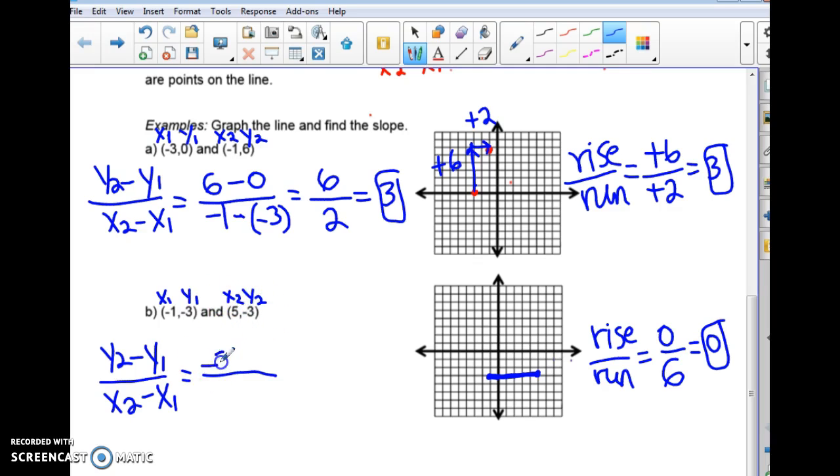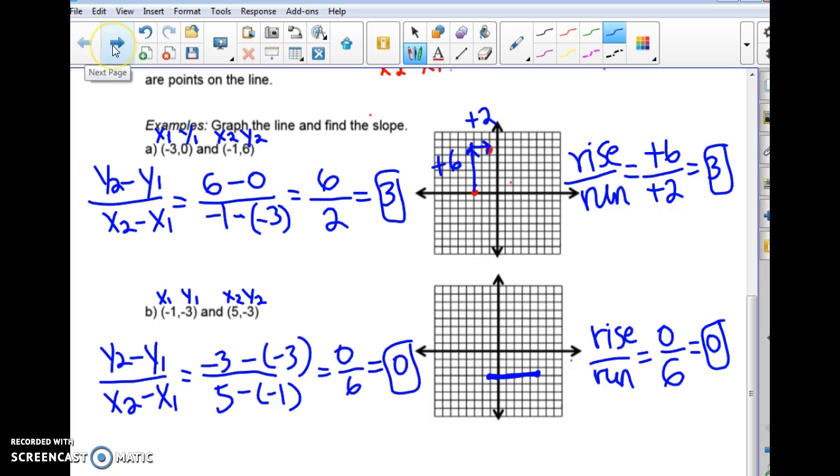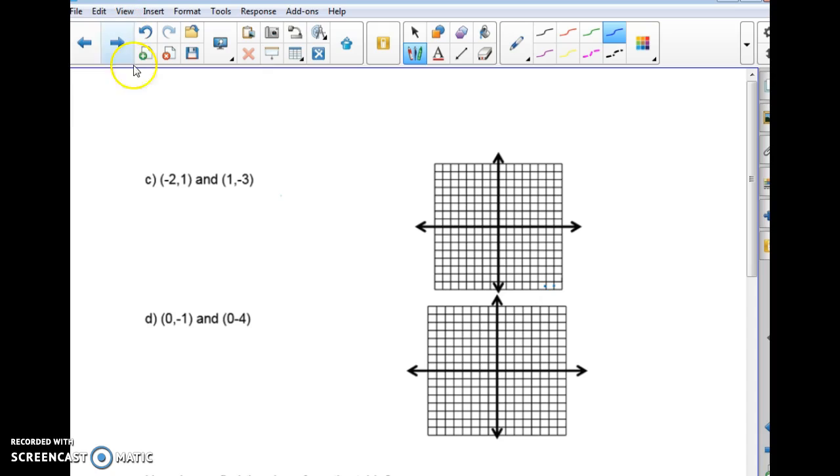So negative 3 minus negative 3. 5 minus negative 1, that's going to be 0 over 6, and that is 0. So does it really matter which way we're using? It's going to be the same answer. Okay, let's move on to the next one.